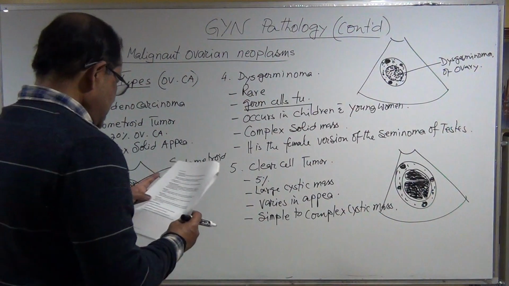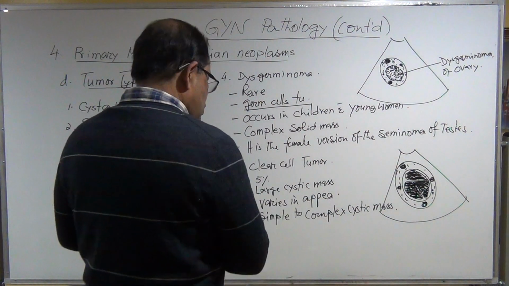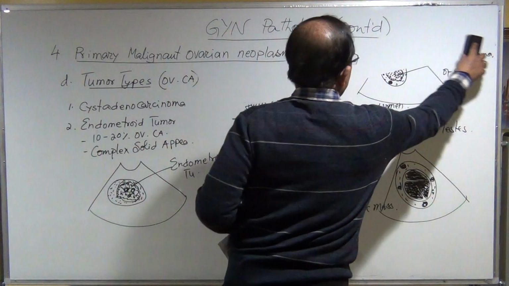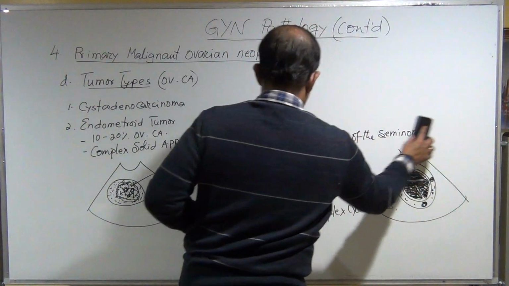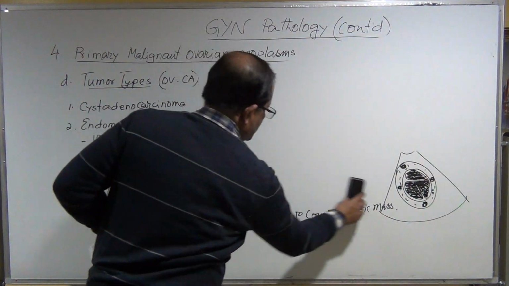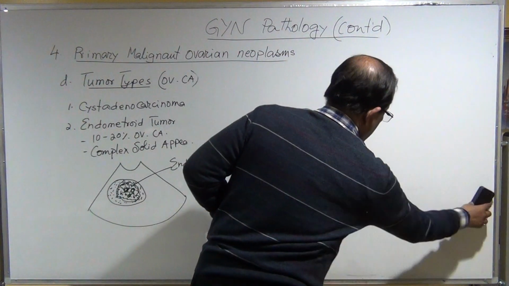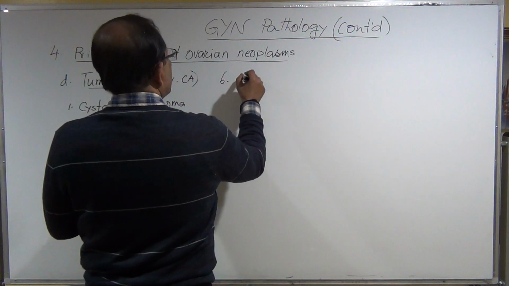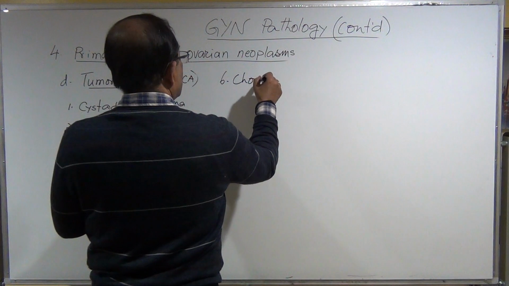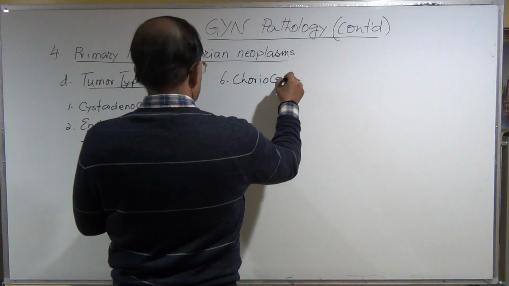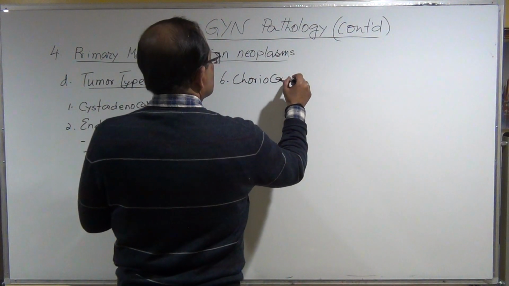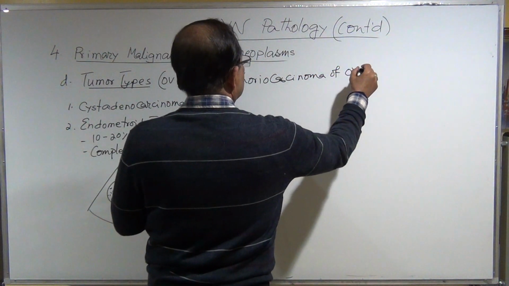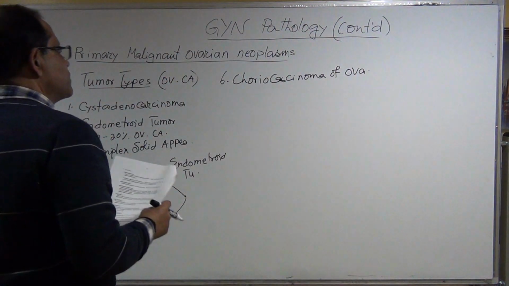Okay, and the last one is the choriocarcinoma. This is also a rare germ cell tumor. Number 6. Choriocarcinoma of the ovary.